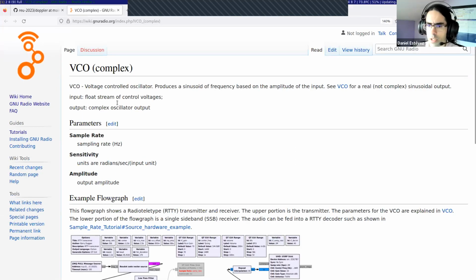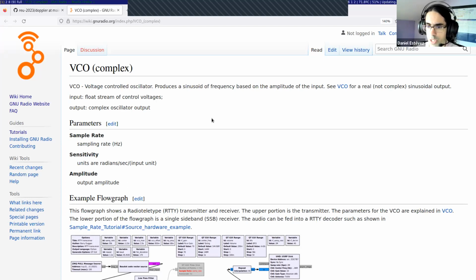So the documentation is as follows. It says this is a voltage control oscillator, and the term voltage control oscillator comes from electronics. Back then and even today, there is an electronics device which is called a VCO, or voltage control oscillator, and it's some kind of oscillator. So on the output, it produces a sinusoid or a square wave or some kind of wave that then we can use in our circuit.